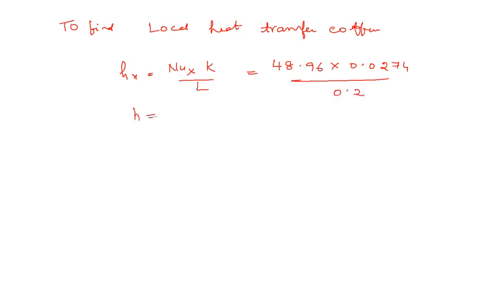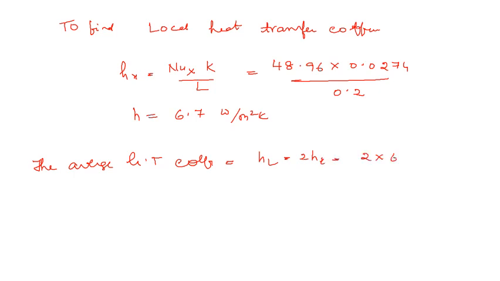So h value turns out to be 6.7 watt per meter square Kelvin. The average heat transfer coefficient, h L is equal to 2 times h x, that is 2 times 6.7, so that turns out to be 13.4 watt per meter square Kelvin.